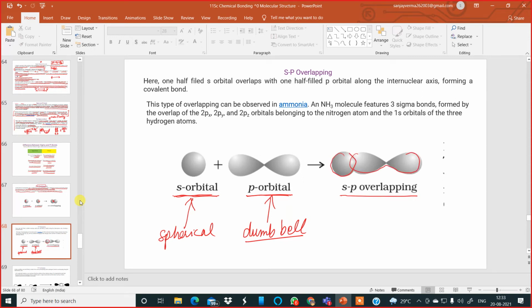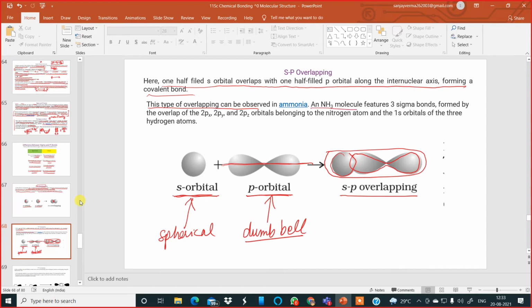Once the orbitals have overlapped, you will find electrons in this entire region of space, the electron cloud. Here one half-filled s orbital overlaps with one half-filled p orbital along the internuclear axis, forming a covalent bond. This type of overlapping can be observed in molecules like ammonia.